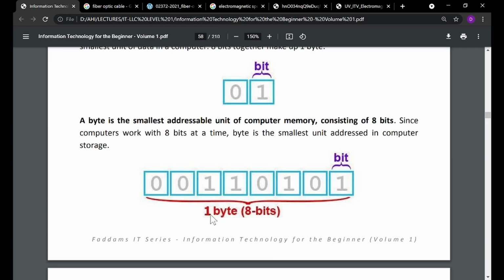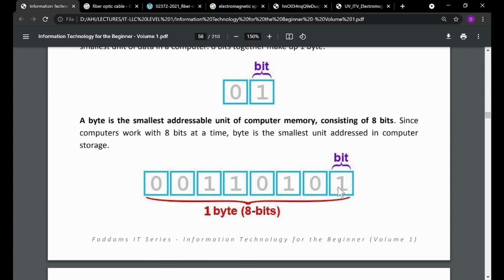When I tell you to perform a binary calculation and leave your answer in 8 bits, this is how your answer will look. It will be 1, 2, 3, 4, 5, 6, 7, 8. This is 8 bits. When you see 8 bits, you will find 8 digits. When they say 16 bits, how many digits will you find? 16 digits.